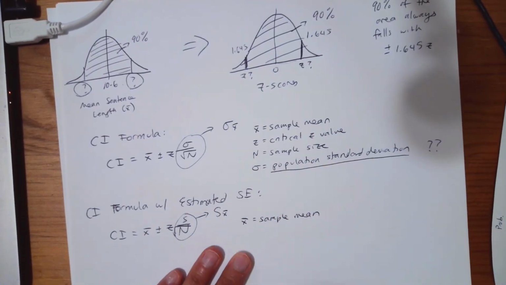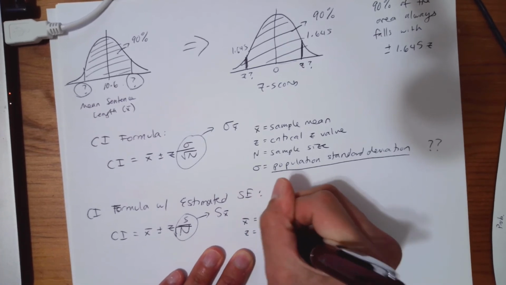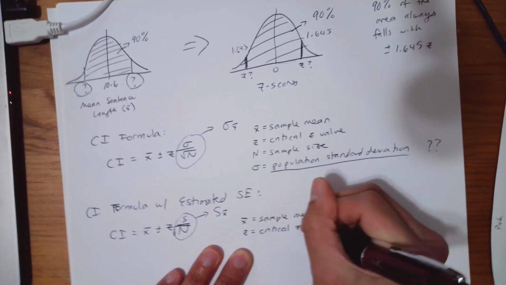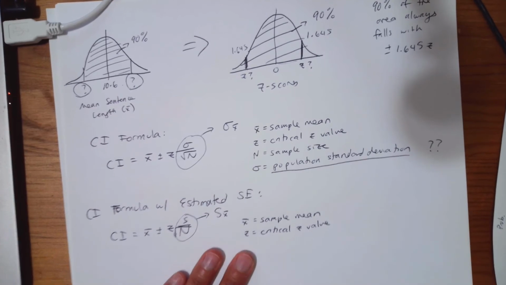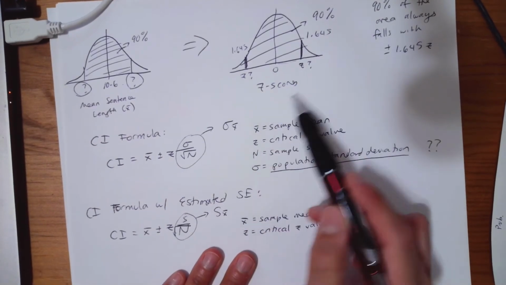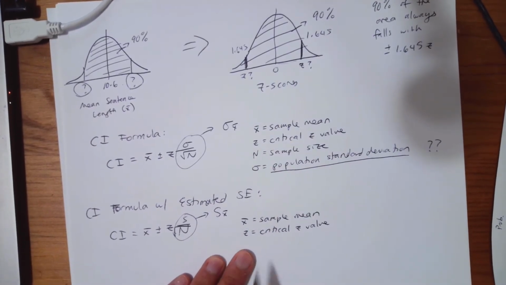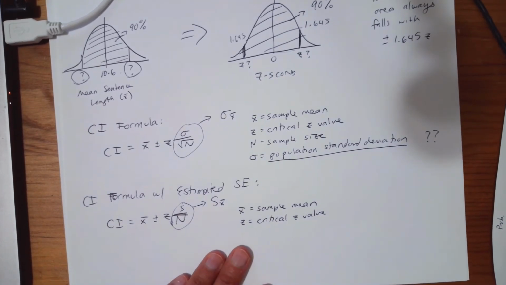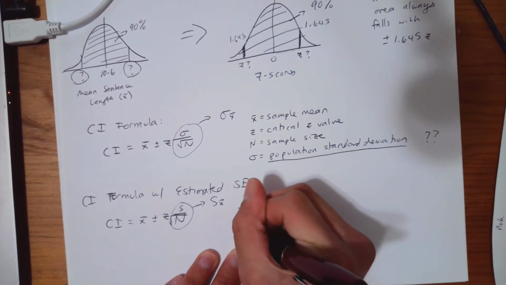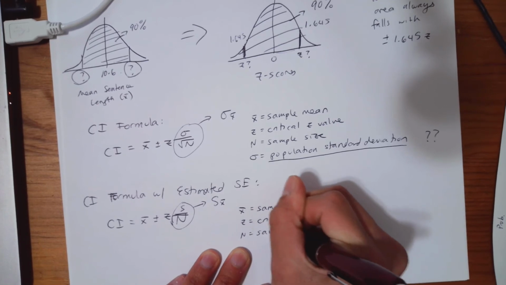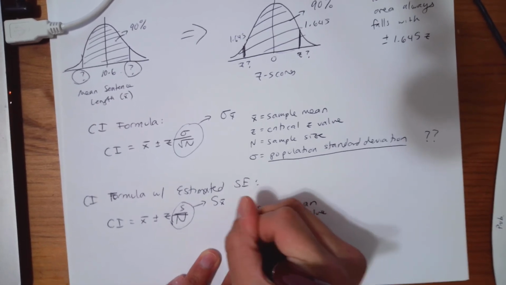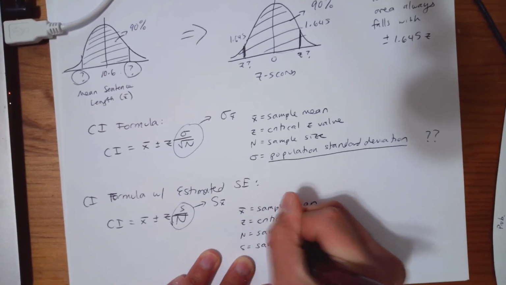Where x bar is your sample mean, z is your critical z value, which again we know based on the properties of a standard normal distribution, and which you can find in the table that's on the slides. n is our sample size, and s is our sample standard deviation.